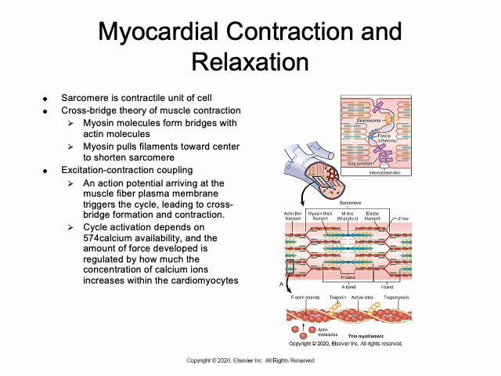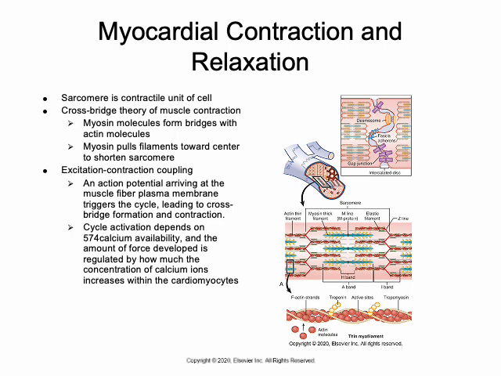The degree of shortening depends on the amount of overlap between the thick and the thin filaments. We also need to understand excitation-contraction coupling, a process by which an action potential arrives at the muscle fiber plasma membrane, which triggers a cycle that leads to cross-bridge formation and contraction.